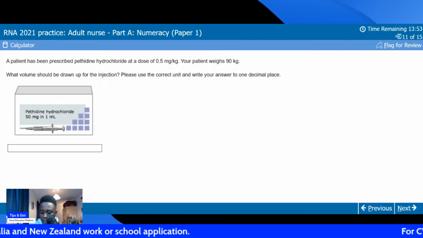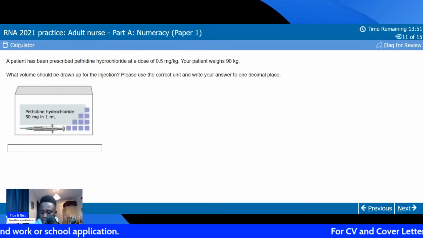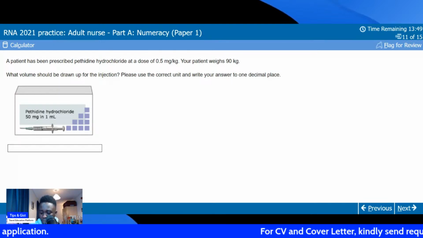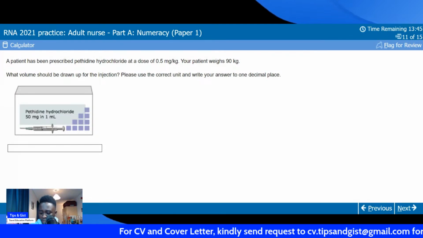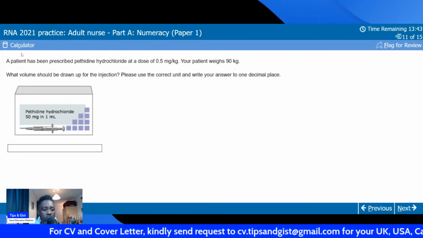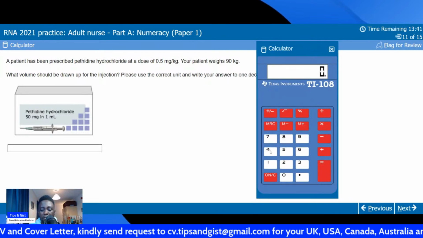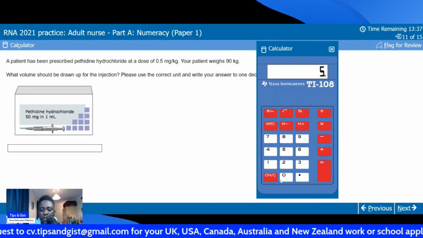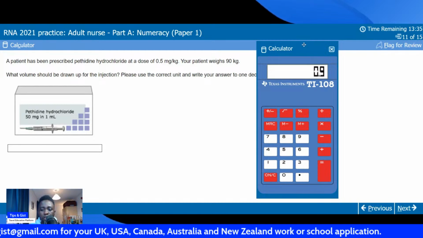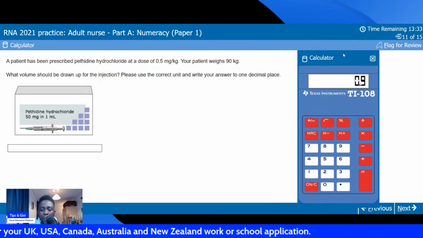So 50x equals 45. Then you divide both sides by 50, so it's 45 divided by 50. You use your calculator, 45 divided by 50, and you get 0.9.